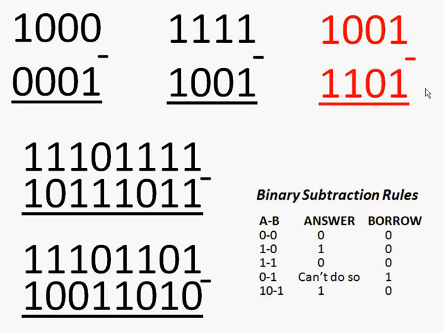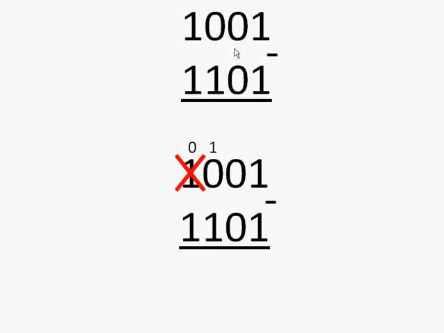So this top right hand side one was quite interesting. Let's take a look why. We've got 1001 take away 1101. And the reason being is that the number on the top is actually smaller than the number on the bottom.